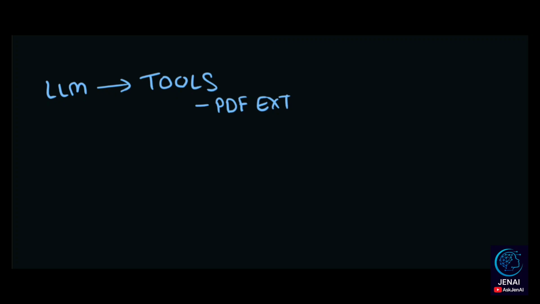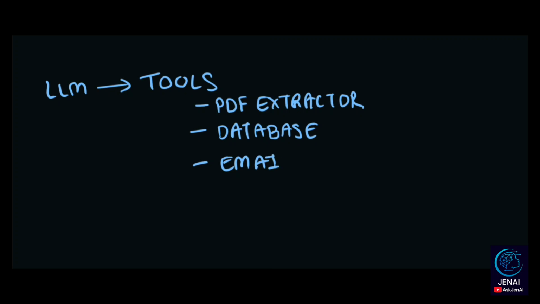If the task requires saving structured data, the system may need a database connection. If the final result needs to be delivered to a user, the system may need an email or notification service. These external capabilities are represented as tools. The language model decides which tool should be used, and the agent controller executes that tool.